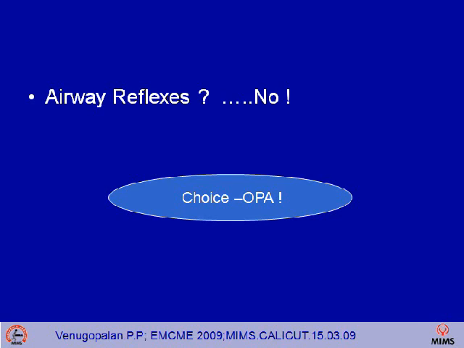Before using any airway adjunct, another question to be answered is whether airway reflexes are present or not. If there are no airway reflexes, the choice of airway adjunct is the OPA, or oropharyngeal airway.